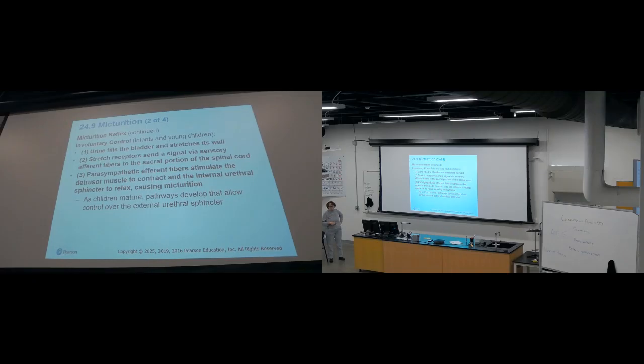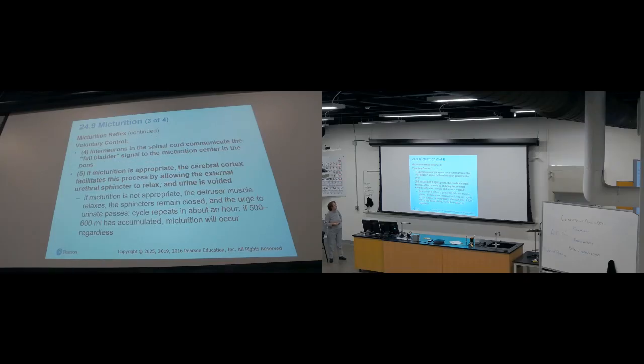As a child matures, the pathways develop that allow control over the external urethral sphincter, which is the voluntary one. Now, you have interneurons in between the parasympathetic nervous system and the sacral nerves that signal the micturition center in the pons so that you can control micturition if it's appropriate.